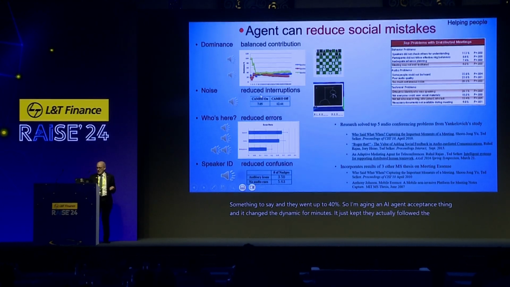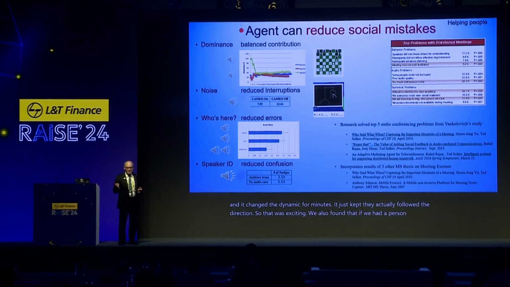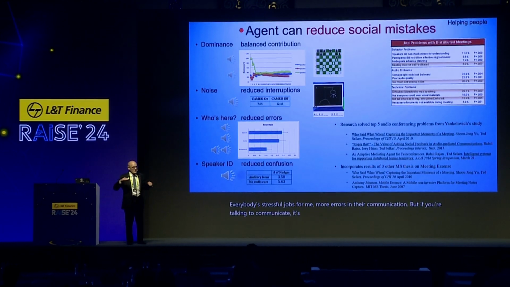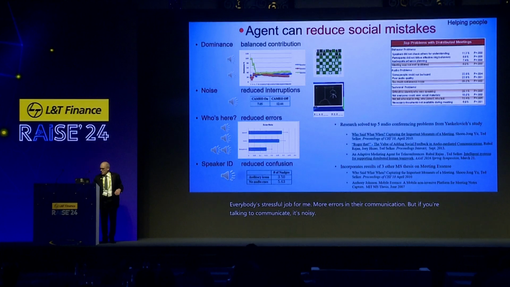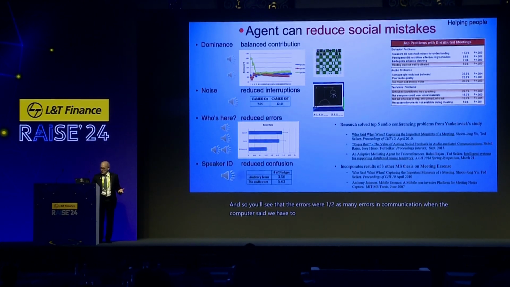So that was exciting. We also found that if we had a person say, could you mute your microphone? Everybody's stress goes up and they make more errors in their communication. But if we have the computer say it, it says noisy, then it does not. And so you'll see that there were half as many errors in communication when the computer said we have to change the microphone than when a person did.